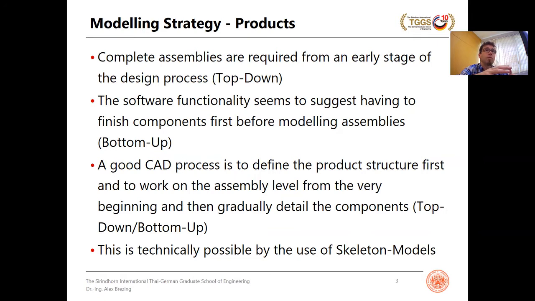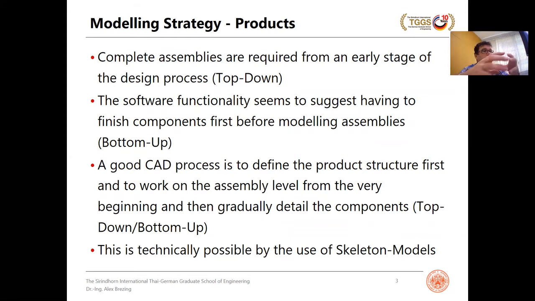If you don't know this approach that we will learn today, if you work like most people would do, which is bottom up, then you will have a lot of disappointments, right? You will work on individual parts first, maybe spend many hours on making the parts. Then you put the parts together in an assembly, and it will not really work, right?